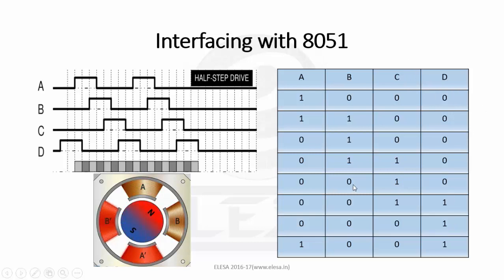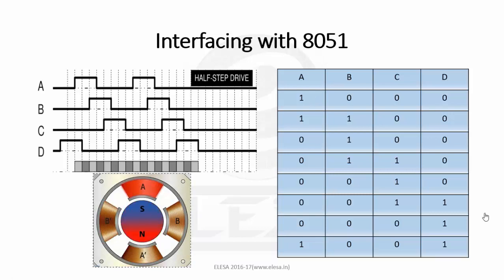Now the funny thing is, you can compare this with wave stepping and full stepping, and you can observe that odd number of terms are of wave stepping and even number of terms are of full stepping. So if you split this code, you will get the sequence of both wave stepping and full stepping.